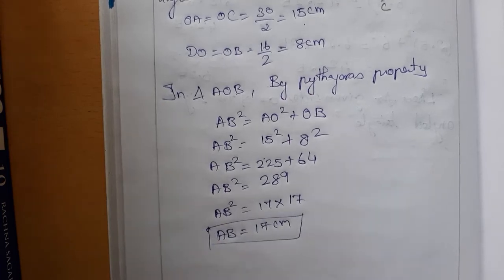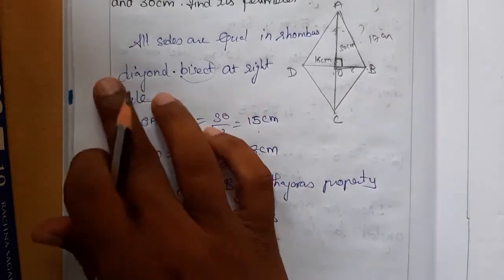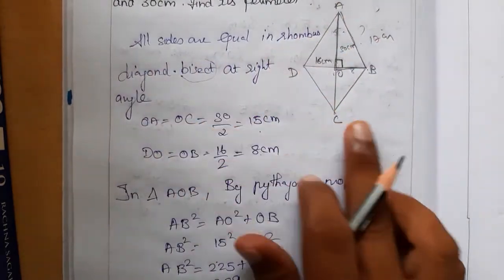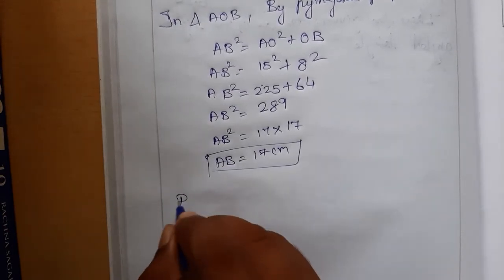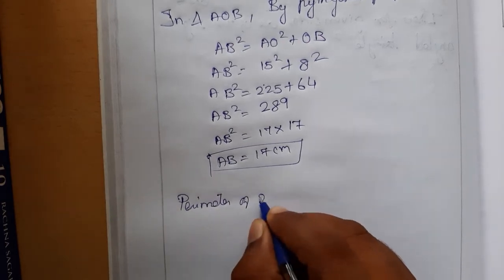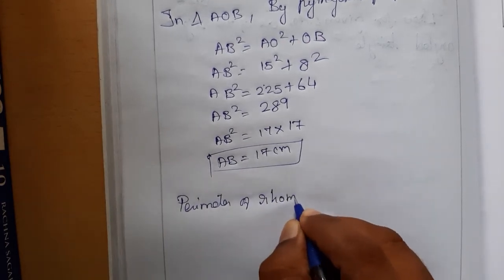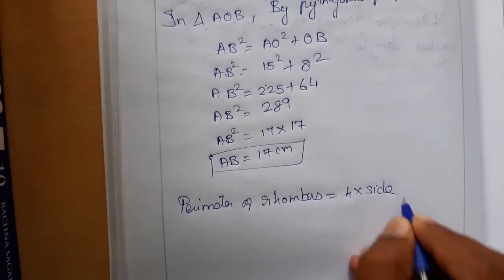So we have found one of the sides as 17 centimeter, and we know that all sides are equal in a rhombus. So all sides are 17 centimeter. So what will be the perimeter? 17 plus 17 plus 17 plus 17, right? 4 into 17. Perimeter of a rhombus is equal to 4 into side, since all are equal.